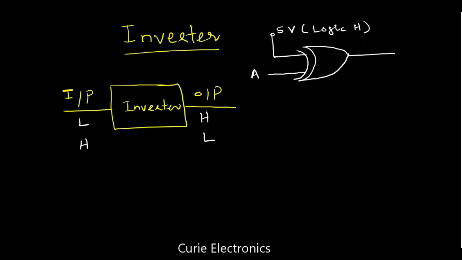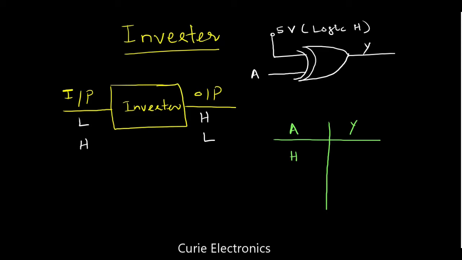Now Y is the output. Let's see what is the output. Now one input is fixed at 5 volt, so only one input we have, that is A. Y is the output.